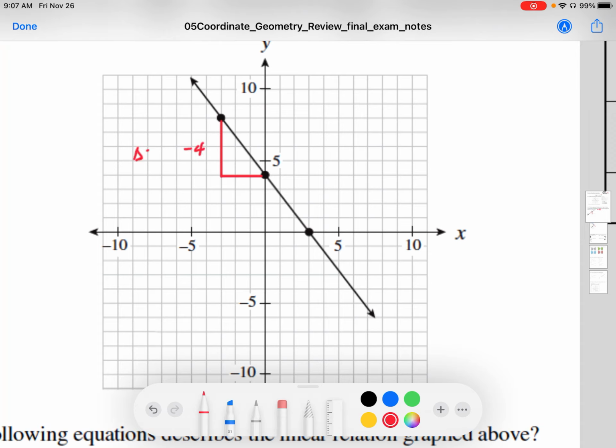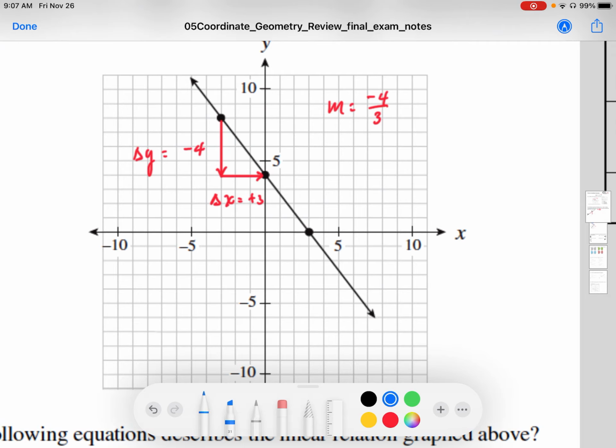And I can see my change in x is equal to plus 3. So I've gone down and to the right. So my slope ratio is going to be negative 4 over positive 3. That's one of the things that characterizes this line.